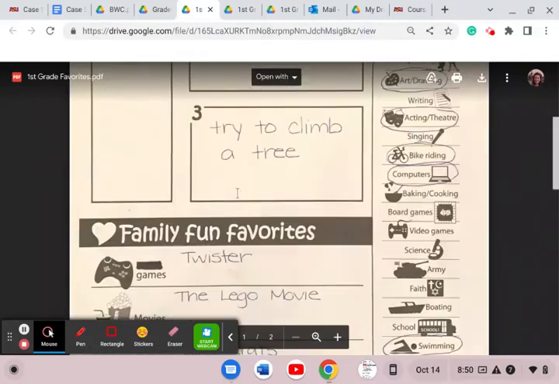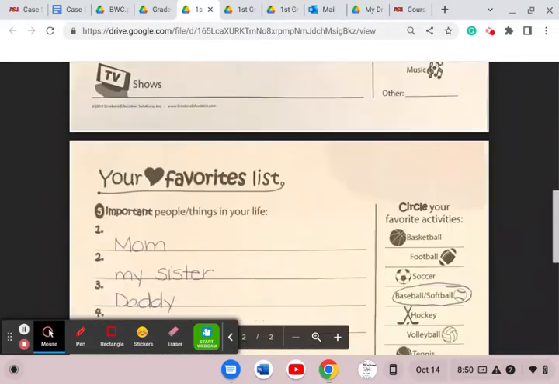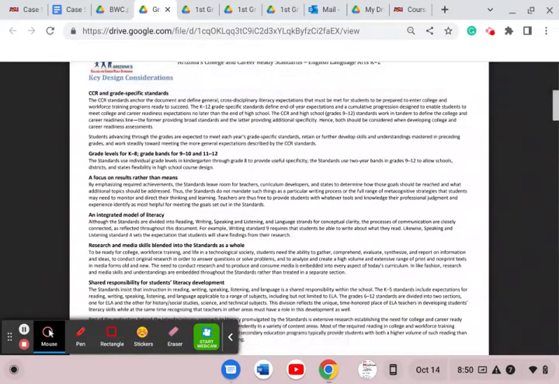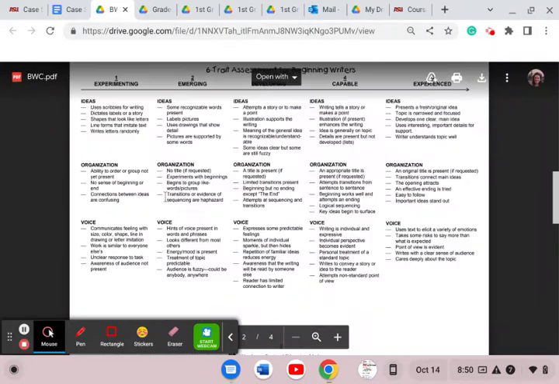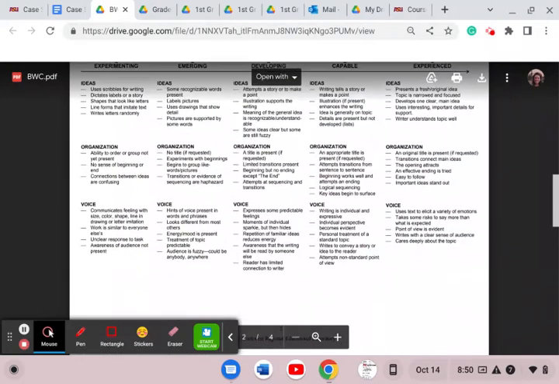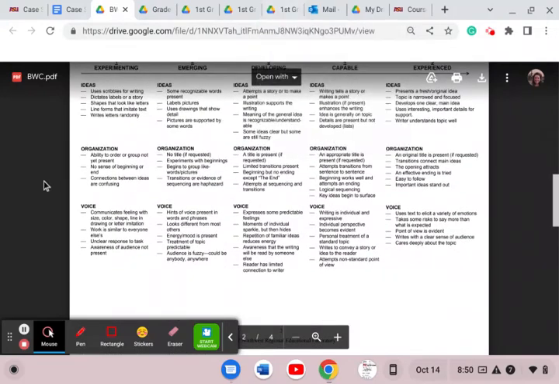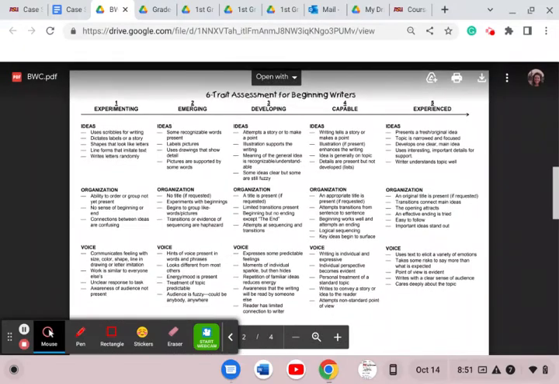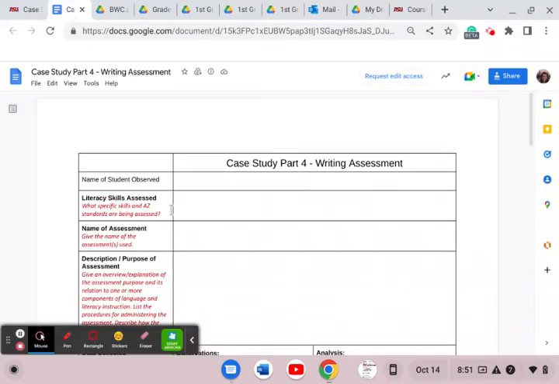And then get to know the child that you're thinking about, okay? And then you're going to think, where should this child be at by looking at the standards? And then I would jump into getting in here and doing this assessment based on the writing. So you're going to have a lot of information on this child. So where are they at with their writing? That's kind of really what this case study is about.